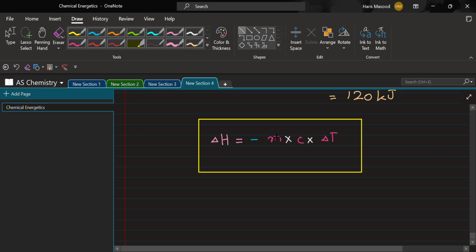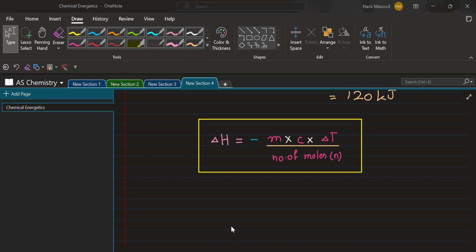First we will find out the energy released and absorbed, and then you will be dividing it by the number of moles, that is n.